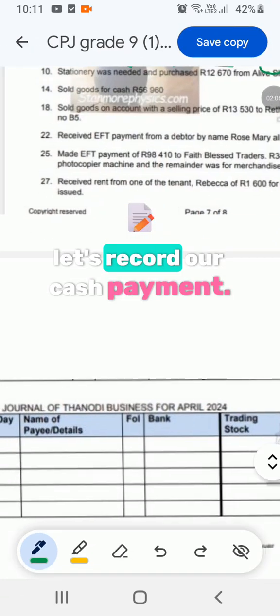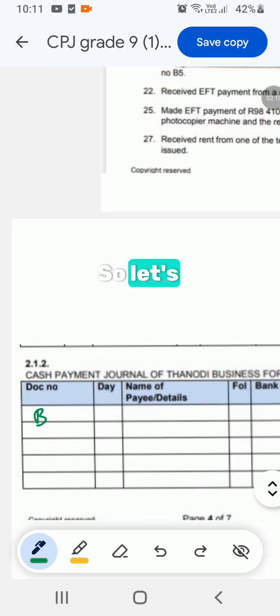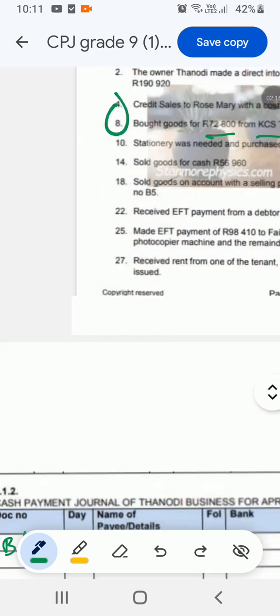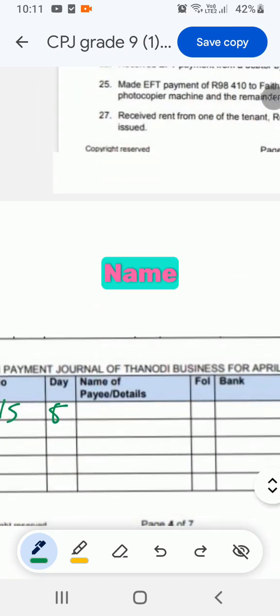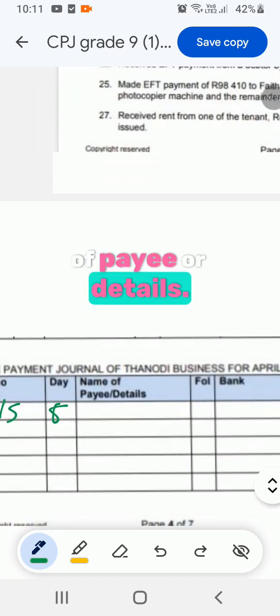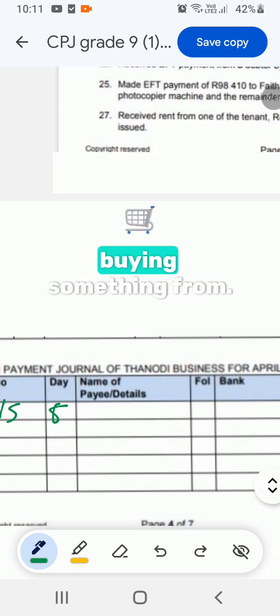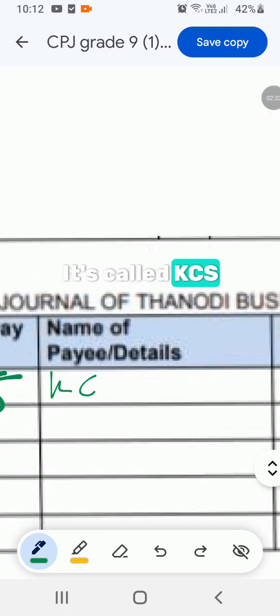Now let's record our cash payment. So let's just write BS. I'll talk about that later. Now what's the day? It is 8. This 8 is a day. Name of payee or details: this is the business that is being paid, or the business that we are buying something from. It's called KCS Traders.